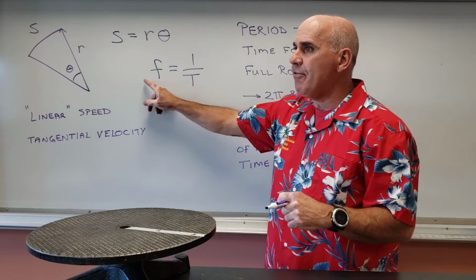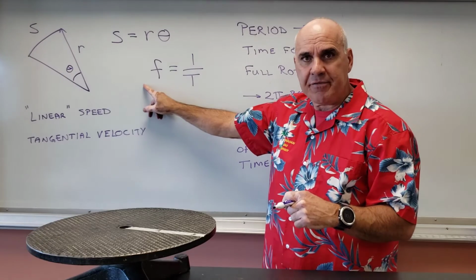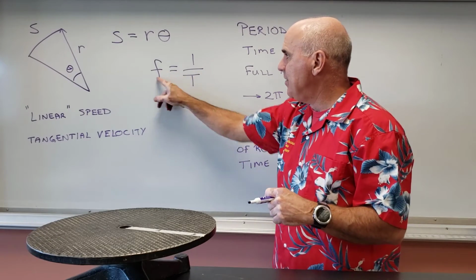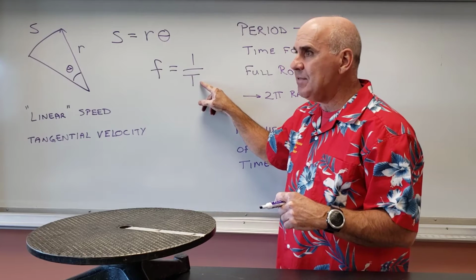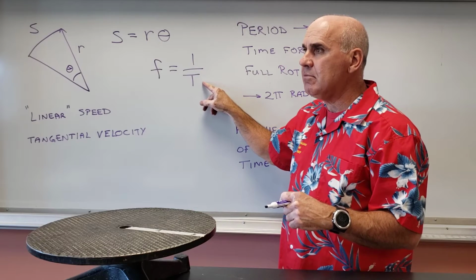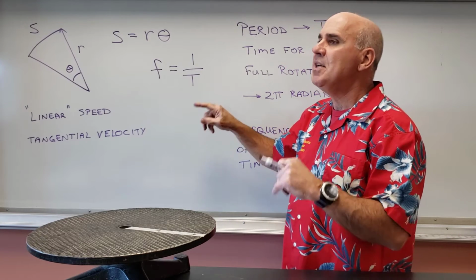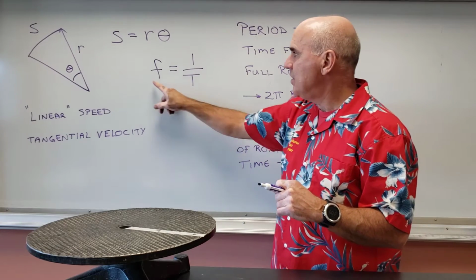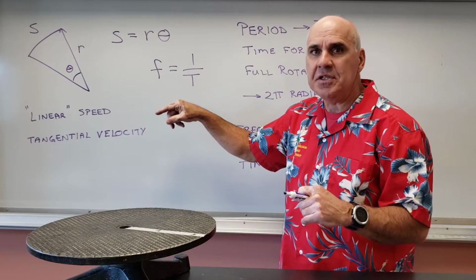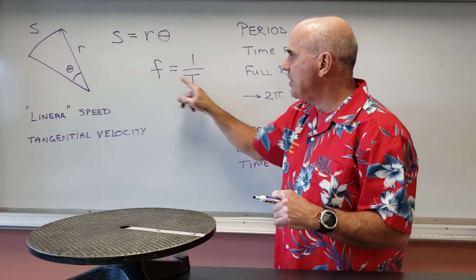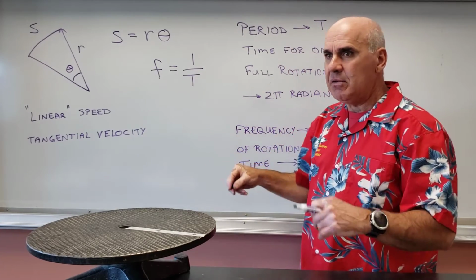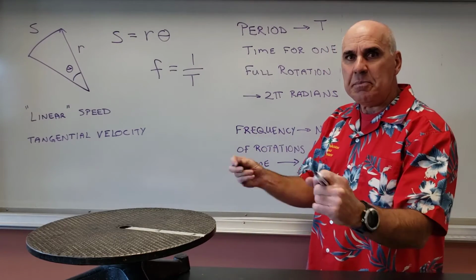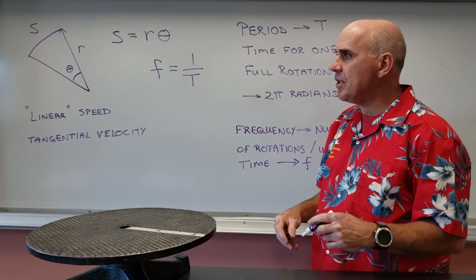But that means that there are 5 rotations in every second. Wait. Let's get back to this. The period is 5 seconds, 1/5 of a rotation per second. So the frequency is 1/5 of a rotation in every second. So they're an inverse relationship to each other, right? Frequency and period, inverse relationship to each other.